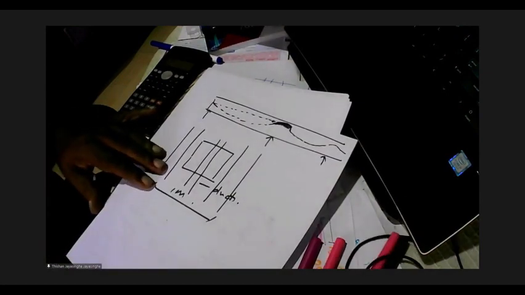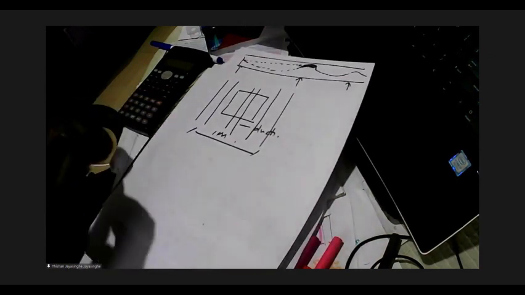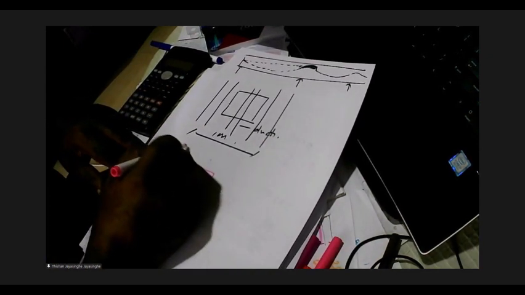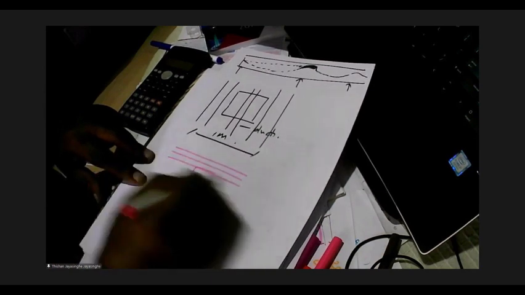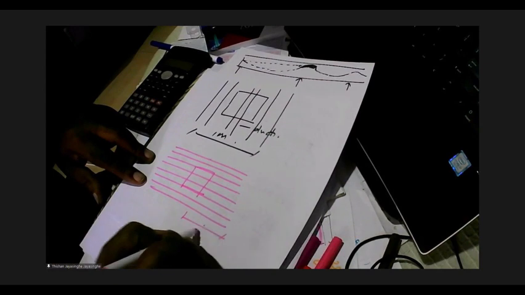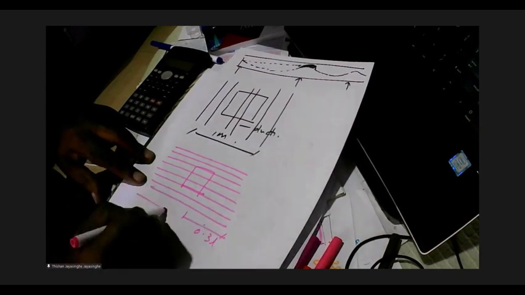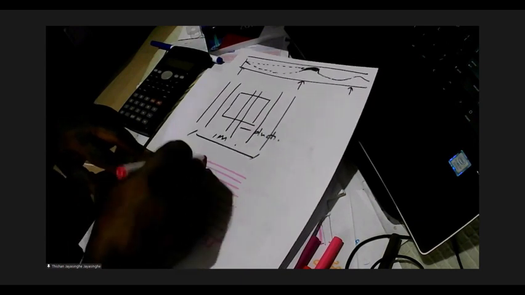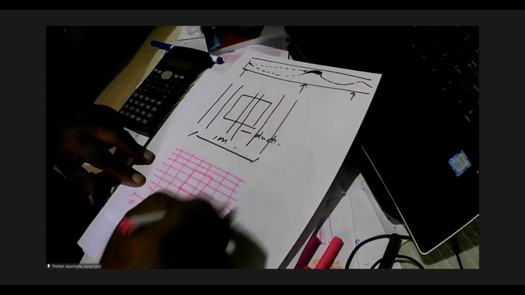Because they are dumped over the column, now we have to make sure we have the column. So we need some reinforcement continuing 0.3 L this way. So we provide some reinforcement this way also.